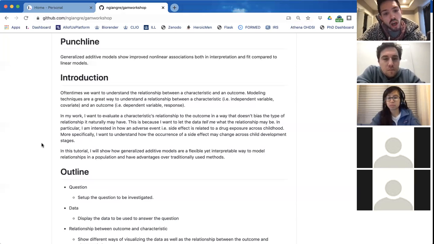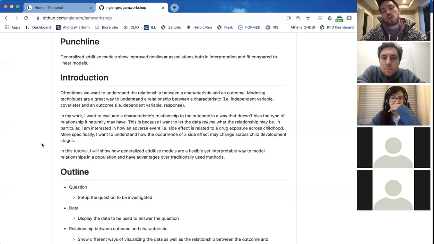So I'm interested in how side effects are related to a drug exposure across childhood, and childhood is a very heterogeneous spectrum. It's also very dynamic in time. I want to understand how the occurrence of a side effect may change across child development stages.